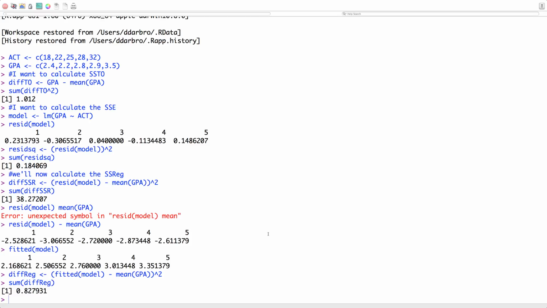We were 0.918. Make sure I didn't do something crazy here. So 1.102 minus 0.184. That's 0.918. I am using the right numbers here, right?